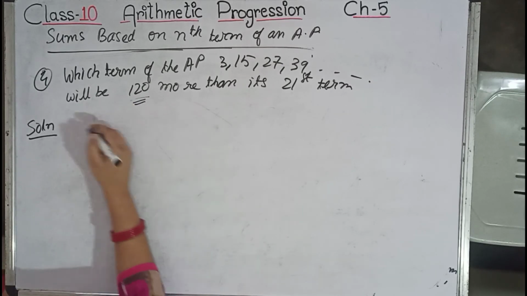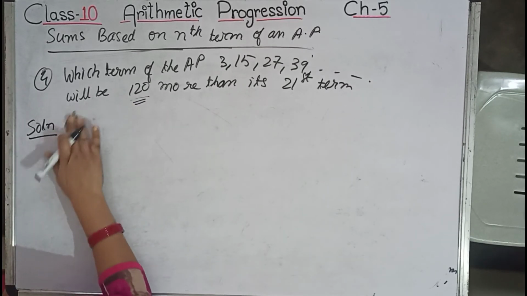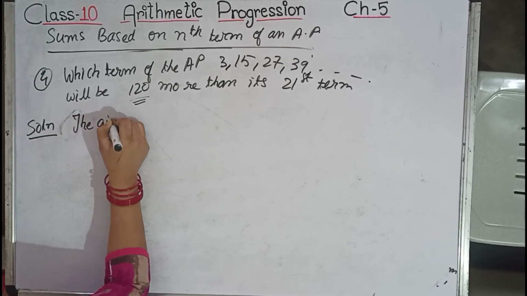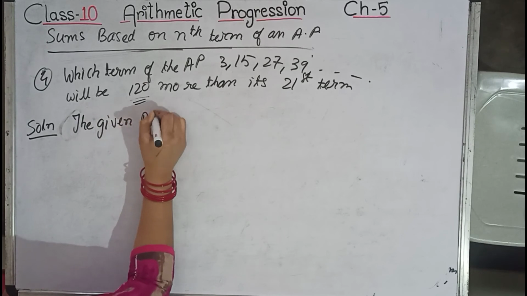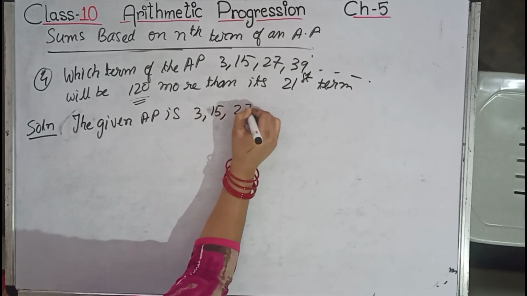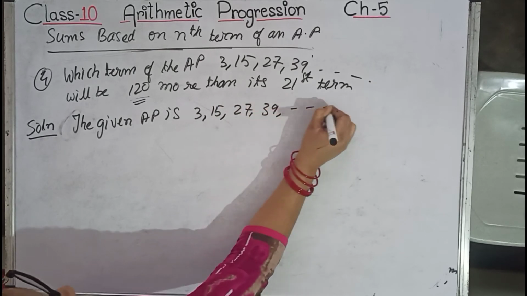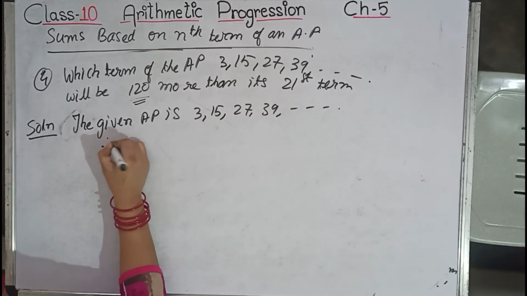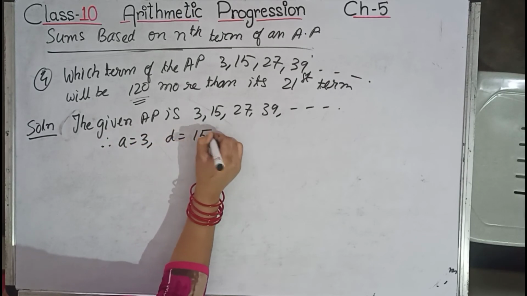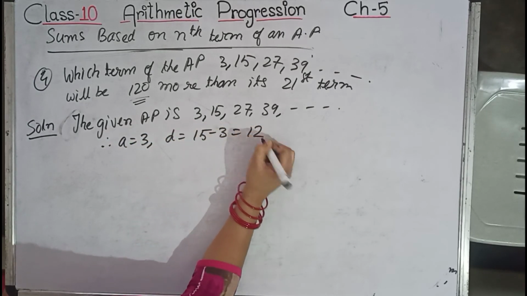Which term of the AP? So here I am directly writing, the given AP is 3, 15, 27, 39 and so on. Therefore, A equals 3 and D equals 15 minus 3 equals 12.